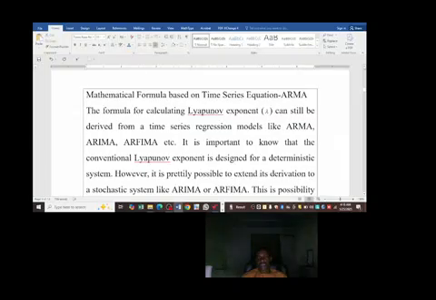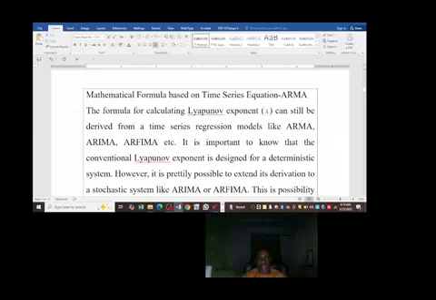So what I am saying here is that, traditionally, the Lyapunov exponent is meant for a deterministic system, that is, a system that does not incorporate uncertainty, stochasticity, randomness. A system that is absolutely for deterministic trend, growth. That is what the Lyapunov exponent is meant for.